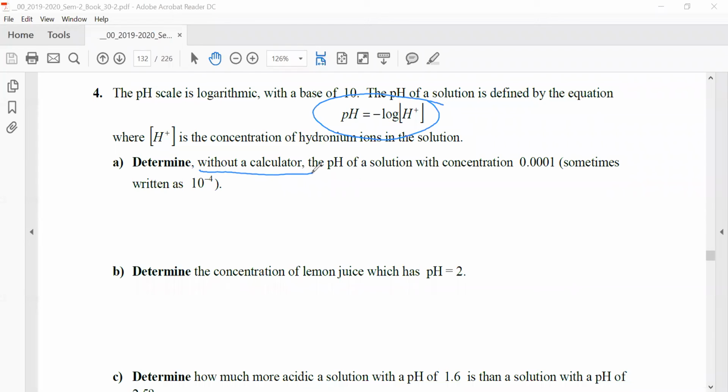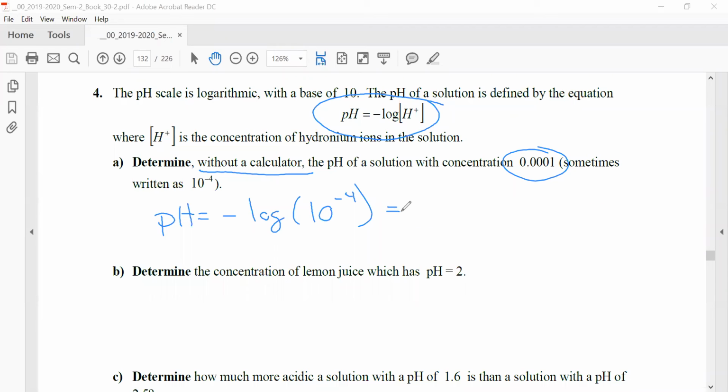The pH of a solution with a concentration of this many hydronium ions. So pH is equal to negative log of 10 to the negative 4. Now it says don't use a calculator, so I won't. I'm going to go sideways, even though that's bad math, but I'm writing big.